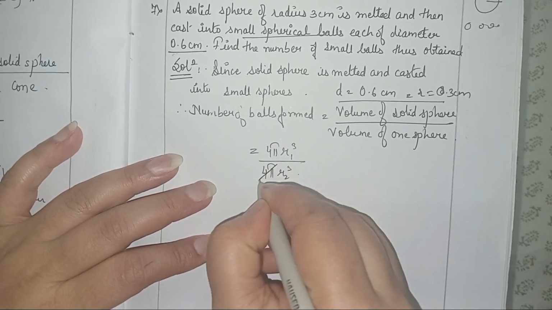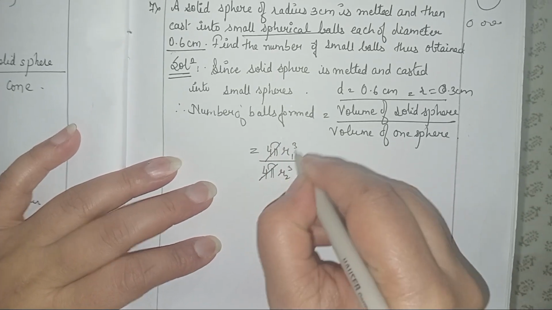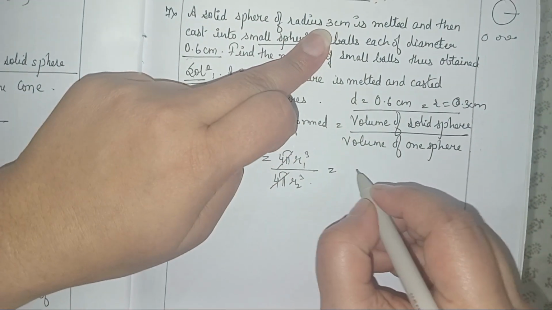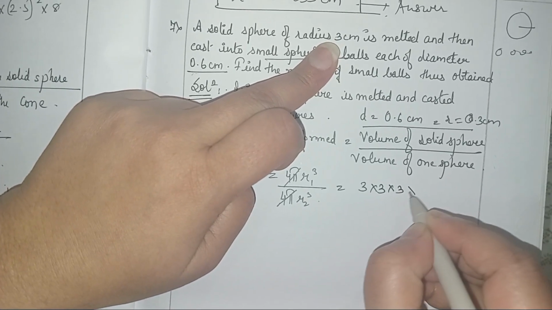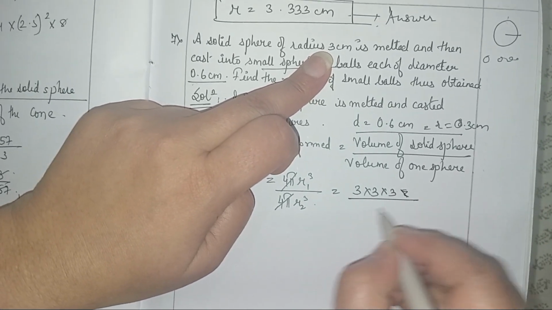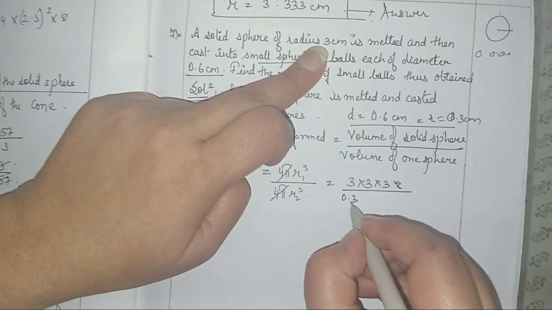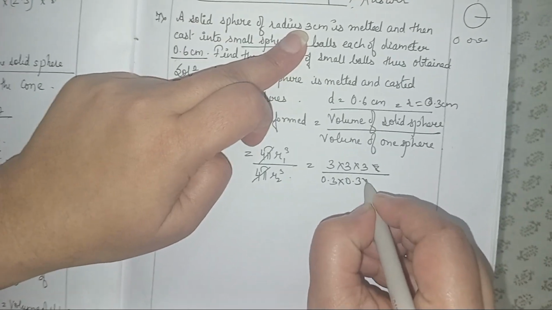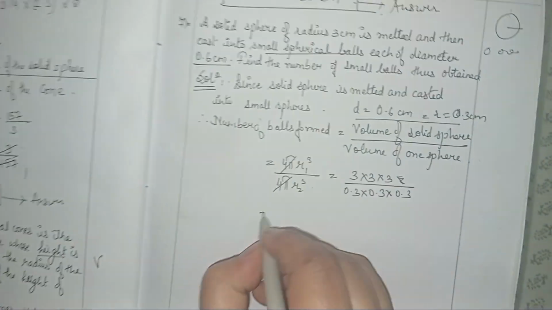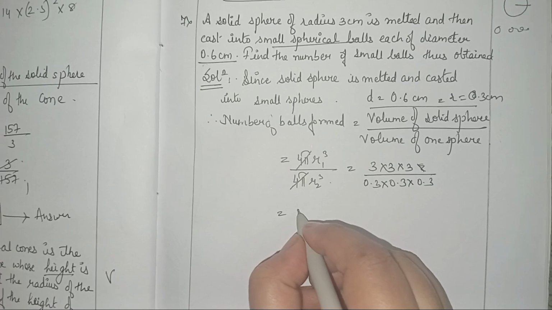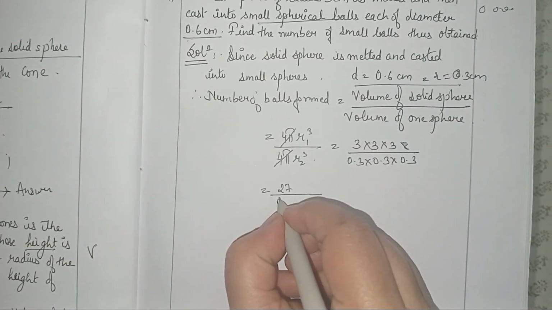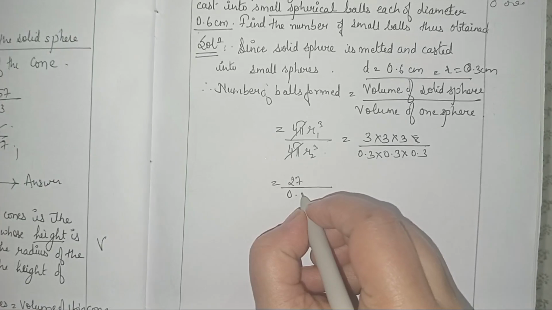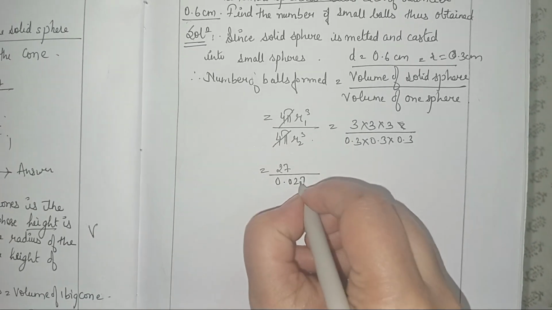This is given, r1 we know is 3 centimeters. 3 into 3 into 3 over 0.3 into 0.3 into 0.3. Let's simplify. 3 3s are 9, 9 3s are 27. To 3 decimal places, it will become 0.027.